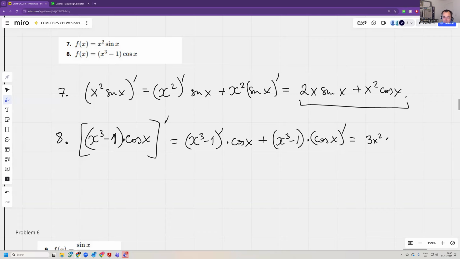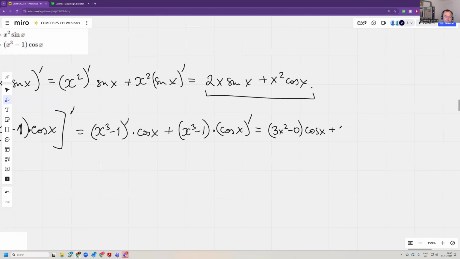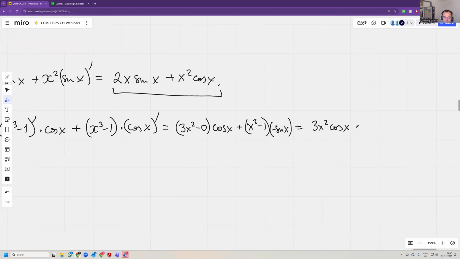So (3x squared minus 0) multiplied by cos x plus (x cubed minus 1) multiplied by minus sine x. We can simplify this. We get 3x squared cos x minus (x cubed minus 1) sine x. I don't think I need to open the brackets. Just leave it like this.